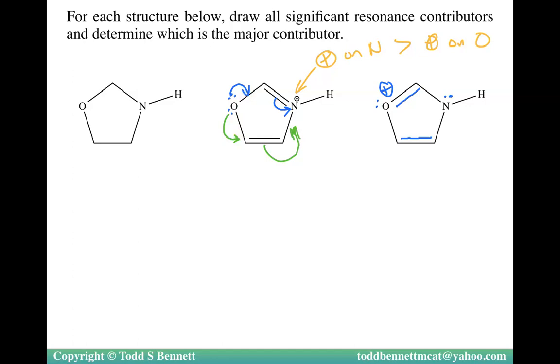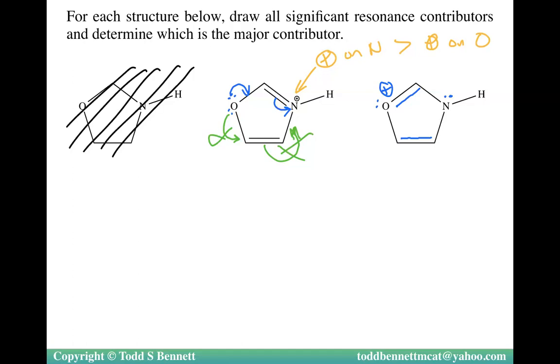Can't do that, it only wants 2. So these resonance contributors can't happen. Can only push directly here. So for this one over here, there's no major contributor. There's no significant contributor. There's only 2: positive on the N and positive on the O.